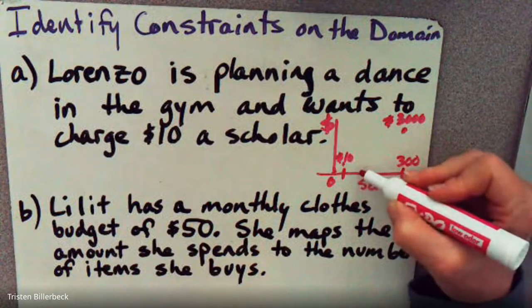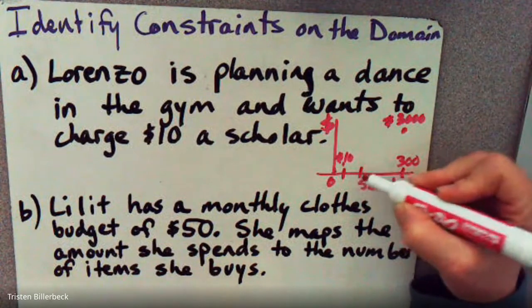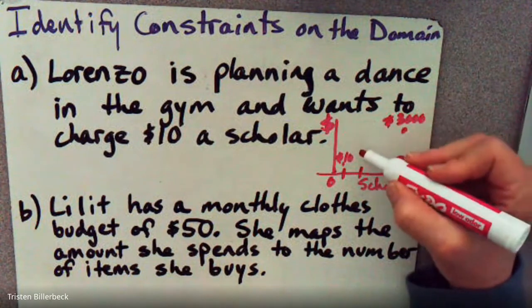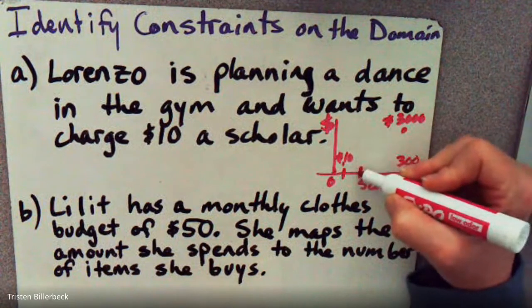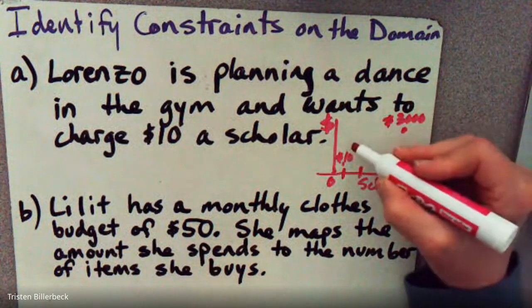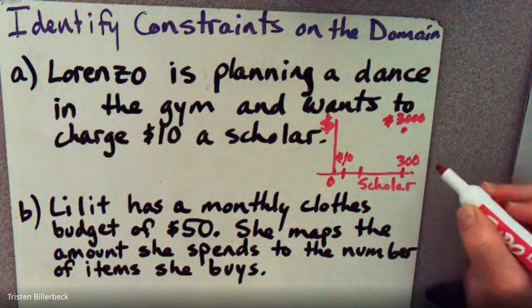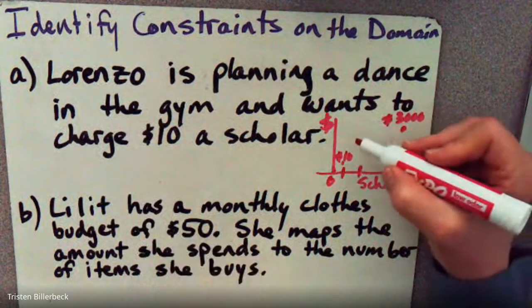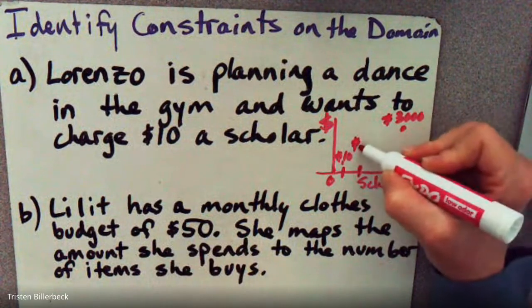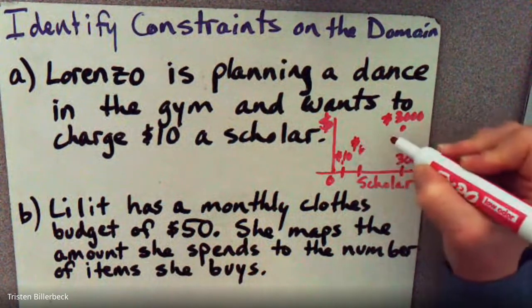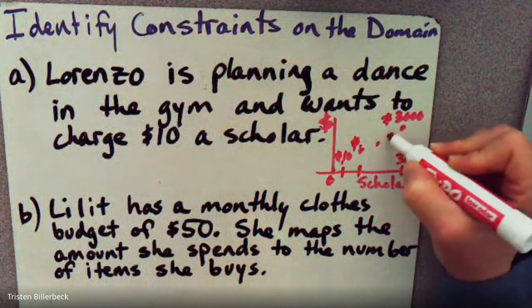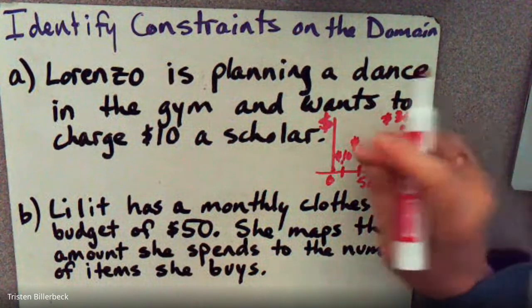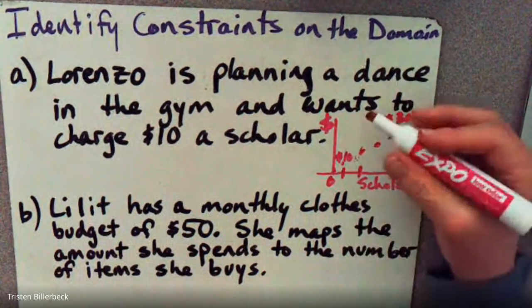And if I have 50 scholars, we can't do 500 because that would exceed the fire department standards. So 50 scholars would give me $500. So you can see that it should be discrete and it should follow a line.